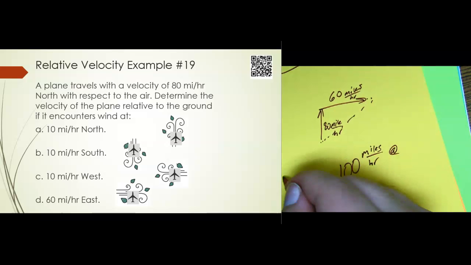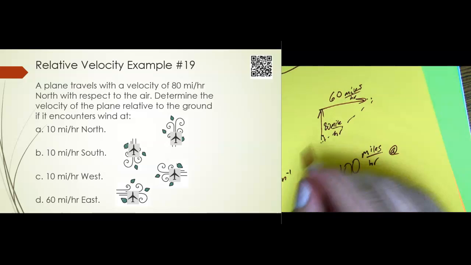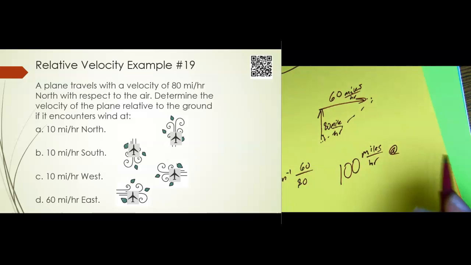at, so the inverse tangent of the opposite over the adjacent. Okay. Inverse tangent of 60 over 80, 1 sig fig. 1 sig fig is going to be 40 degrees.